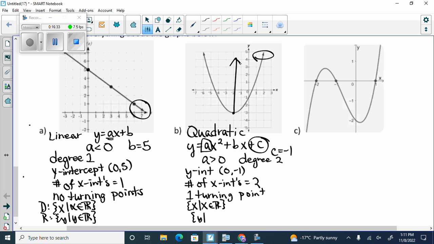And above means positive, so what's another word for the inequality sign that this means? Greater than. So it's going to be {y | y ≥ -3, y ∈ R}, closed to the variable, because it's also equal to it, since there's a dot down here.